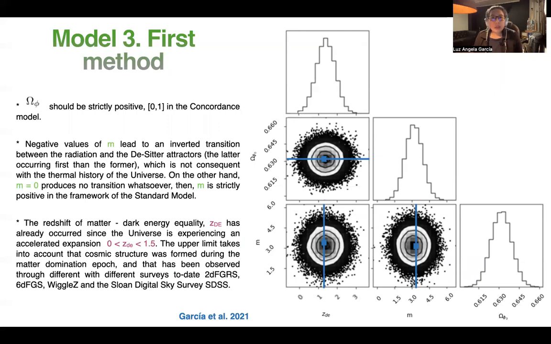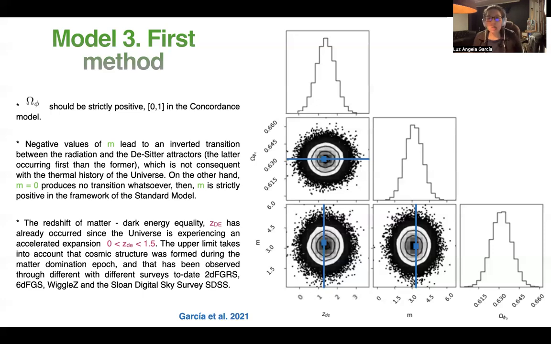It's going to be non-negligible during the radiation domination epoch, and then it's going to become more predominant during the de Sitter era. In order to make that transition, we use M, a free parameter of our model, which allows us to have a smooth transition from radiation to the de Sitter domination epoch.